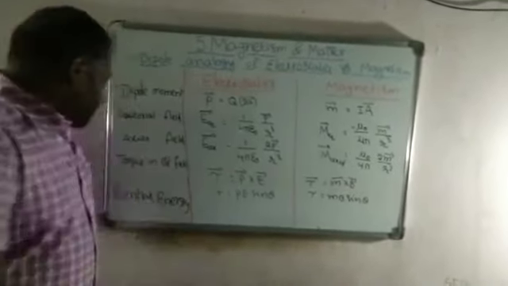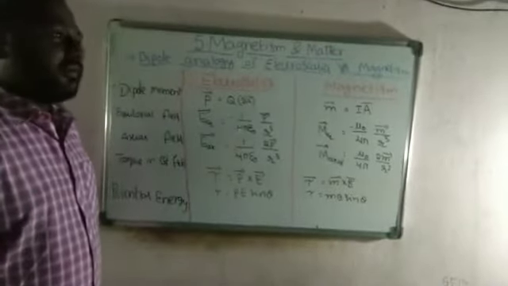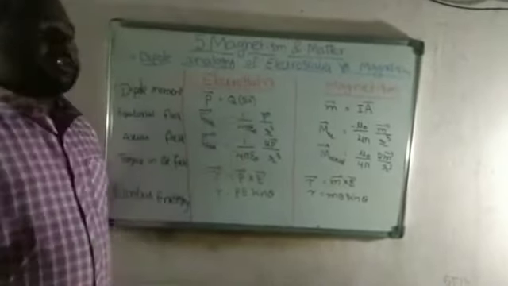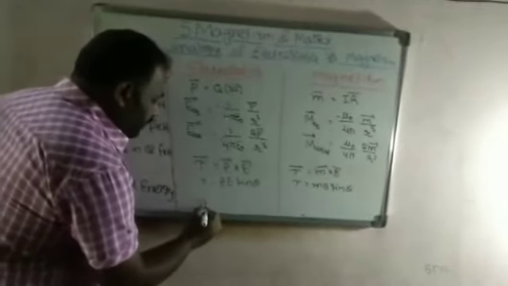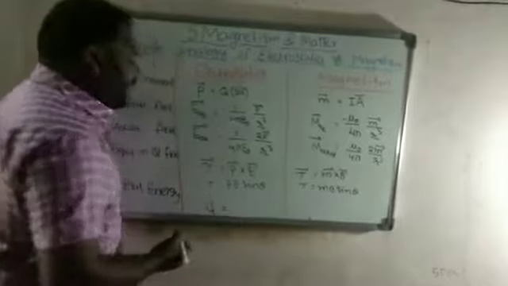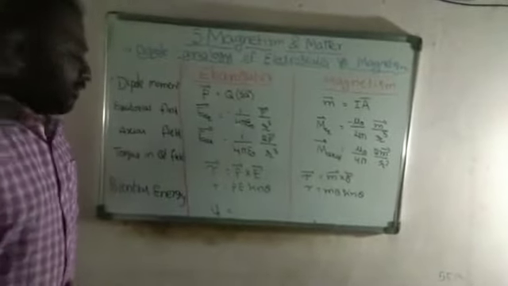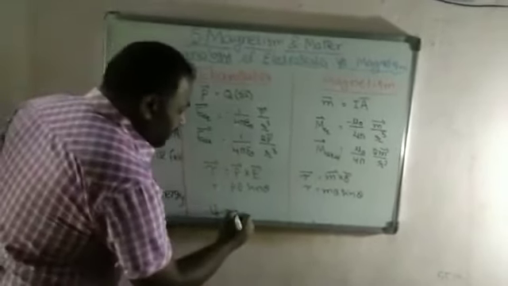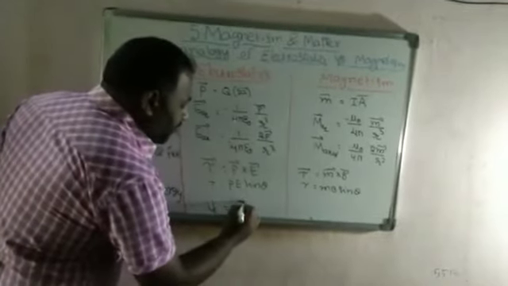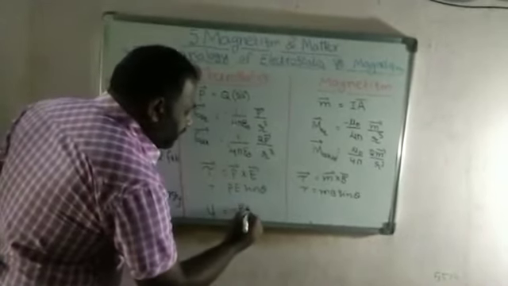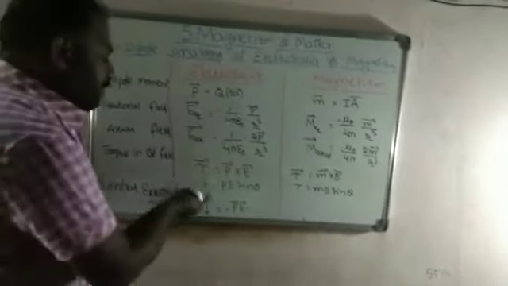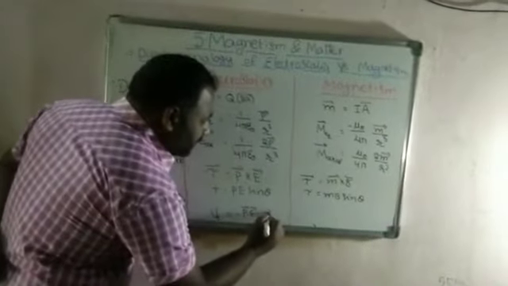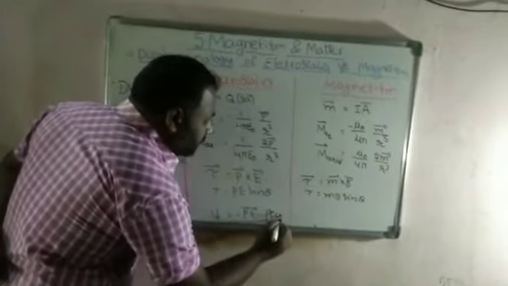Next, the last one is potential energy. When a dipole is placed in an electric field, the potential energy U suffix E, the electric potential energy, is nothing but minus P bar dot E bar. Here it is an energy, and work done is a scalar quantity. Minus P bar dot E bar is written as minus PE cos theta.